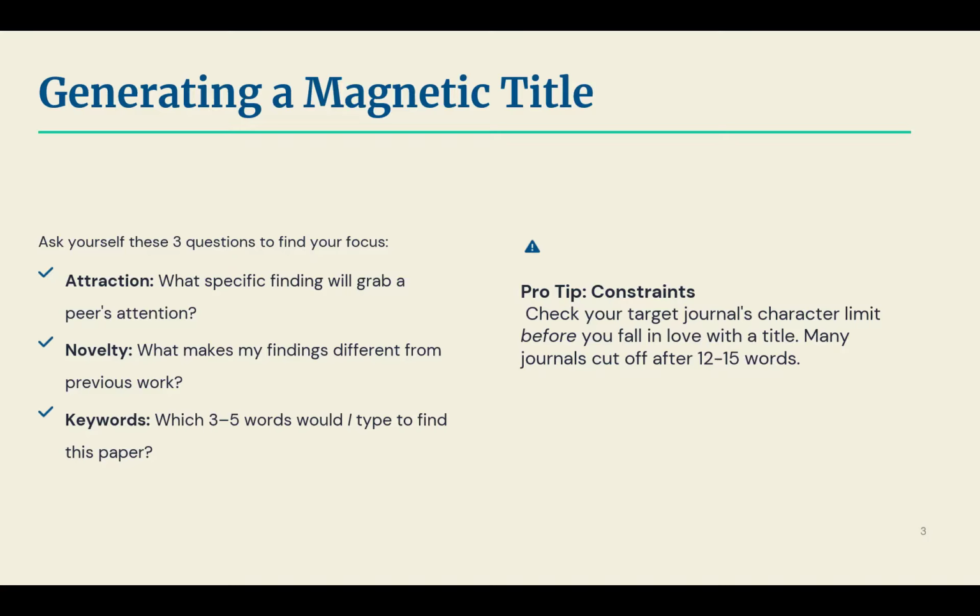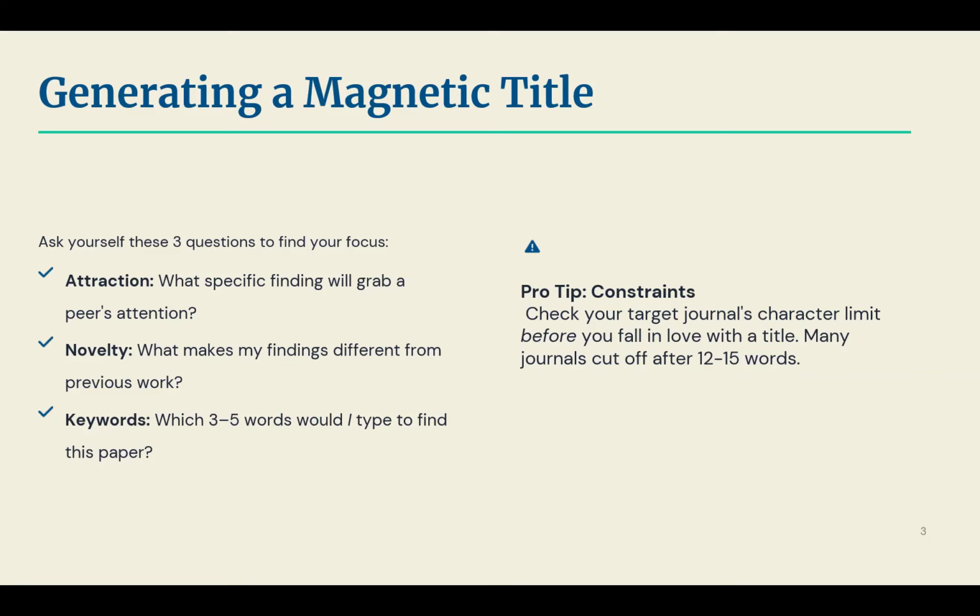Typically many journals cut off after 12 to 15 words. Their preferred universal length is around 12 to 15 words. If you go beyond that number of words, your article title is going to be altered, or rather suggested to be revised. So keep this journal word limit constraint in mind and try to answer the three questions.